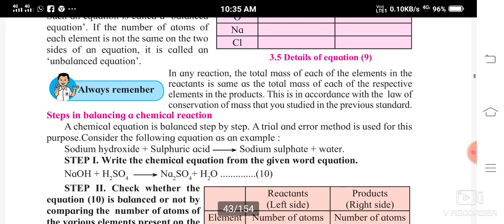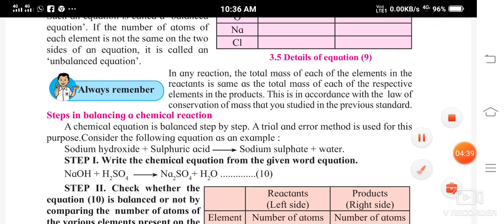Now, in any reaction, the total mass of each of the elements in the reactants is the same as the total mass of each of the respective elements in the products. This is in accordance with the law of conservation of mass that you studied in the previous standard.